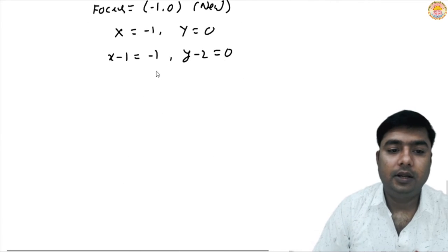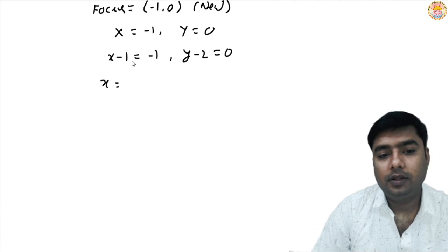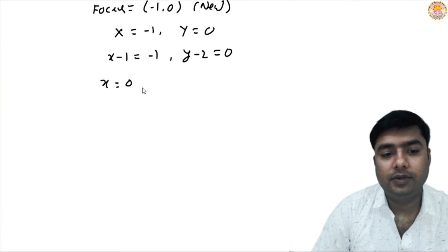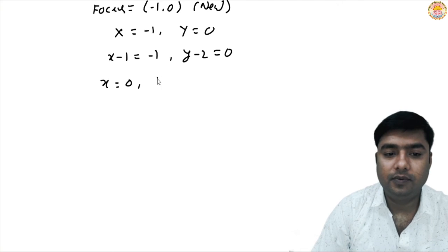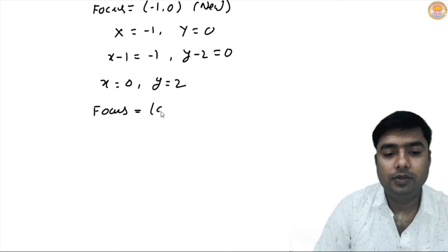We put them here and find the value of small x. Small x equals 0 and y equals 2. So the focus is 0 comma 2. This is the old focus.